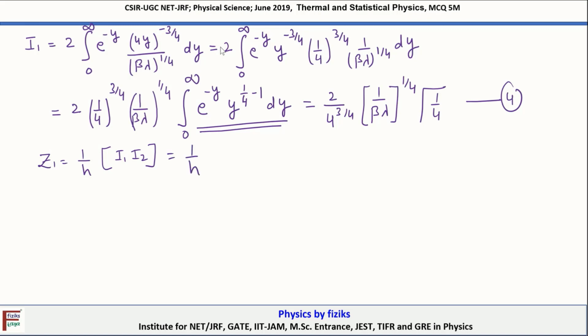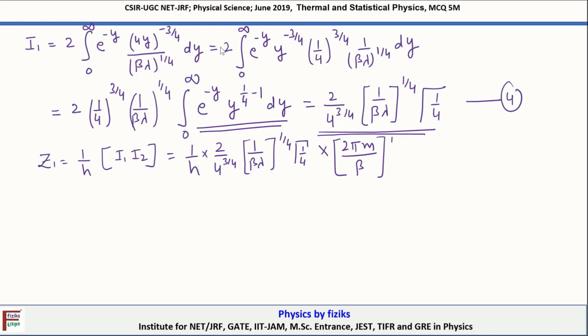So 1 by h, then I1 is 2 divided by 4 power 3 by 4, 1 by beta lambda power 1 by 4 gamma 1 by 4, multiplied by the value of the integral I2, which is 2 pi m upon beta power 1 by 2. Okay, so let's call this equation 5.